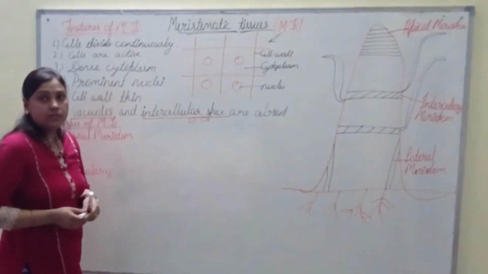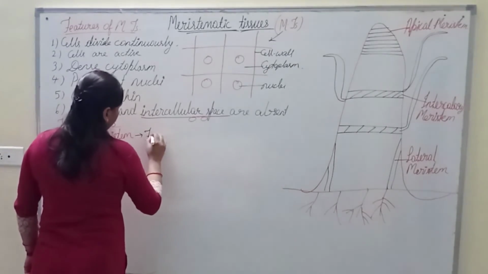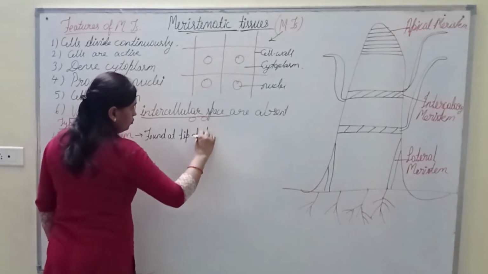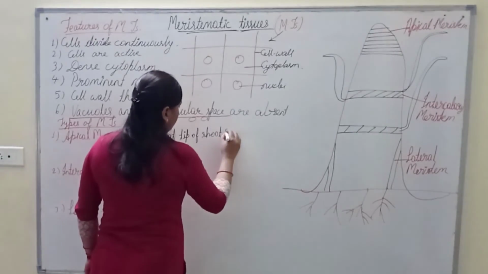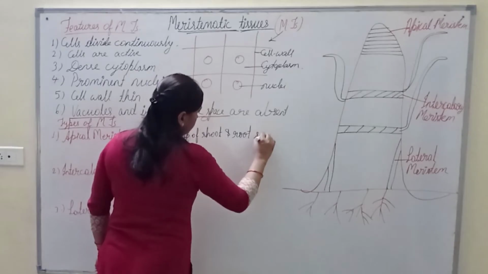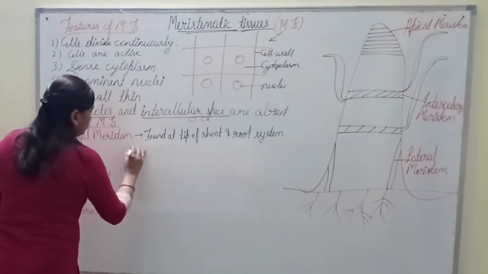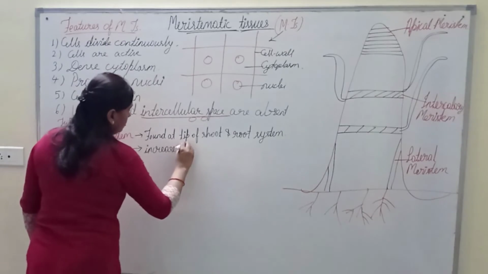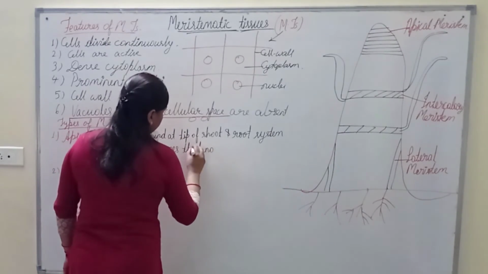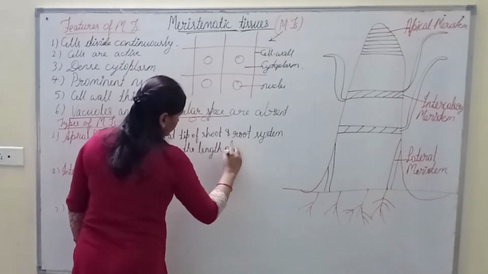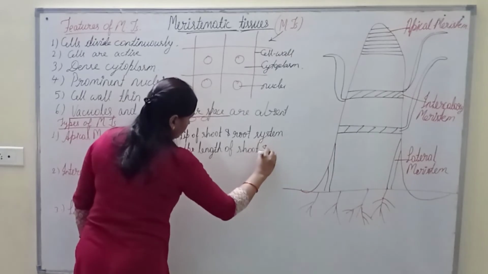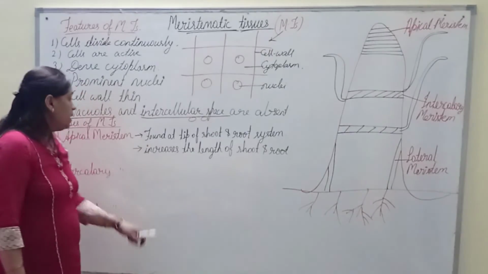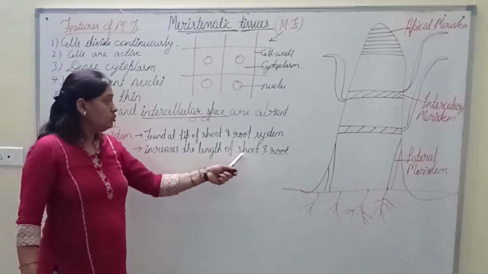Apical meristem is found at the tip of shoot and root system, and it increases the length of shoot and root.